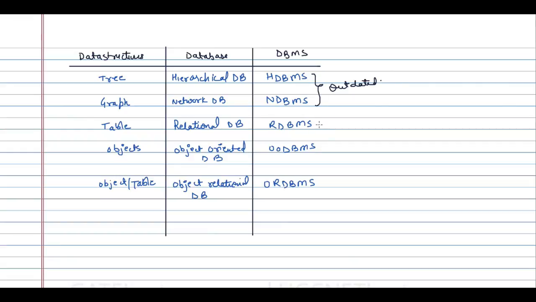Here in this subject we are going to study something called as relational database management system, and this object database management system and object relational database management system, these are relatively new as compared to the relational database management system, but they are not widely used in terms of applications, because widely used is the relational database management system. It is very easy to understand, very easy to grasp, as well as you can easily implement it.